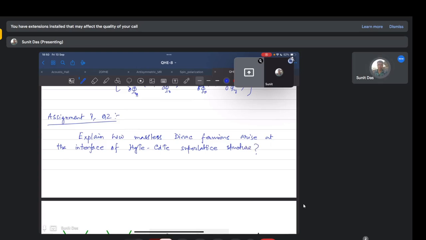explain how massless Dirac fermions arise at the interface of the HgTe/CdTe superlattice structure. For this, we need to have some critical length, or critical depth, of the quantum well formed at the interface of the HgTe and CdTe structure.